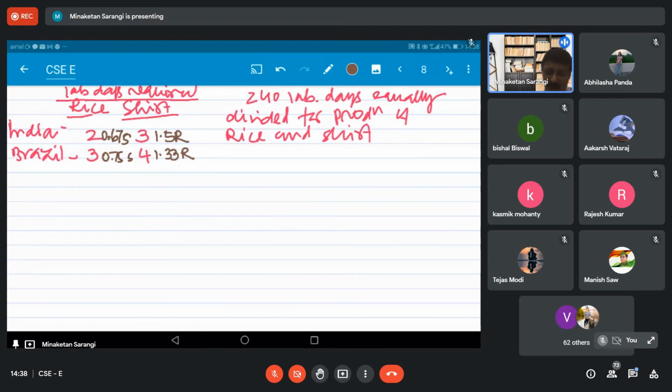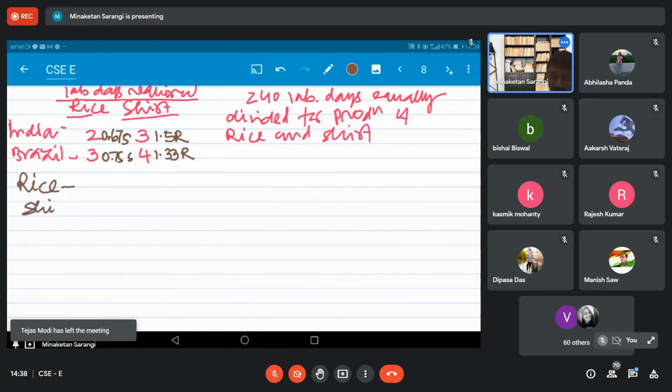Now, given this, which country has the comparative advantage over the production of which product? For rice and for sat. For rice, compare the opportunity cost per unit between the two countries.